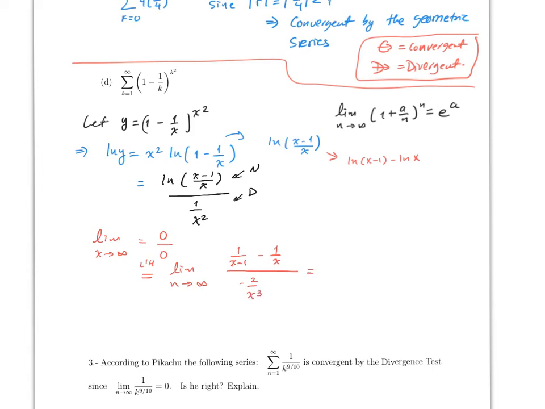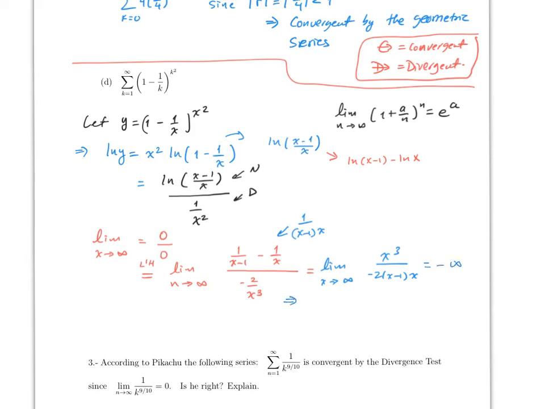Now, if we do a little bit of algebra, you can check that this actually simplifies to 1 over (x minus 1) times x. So therefore, this will be the limit as x goes to infinity of x cubed over minus 2 times (x minus 1) times x, which is equal to minus infinity.